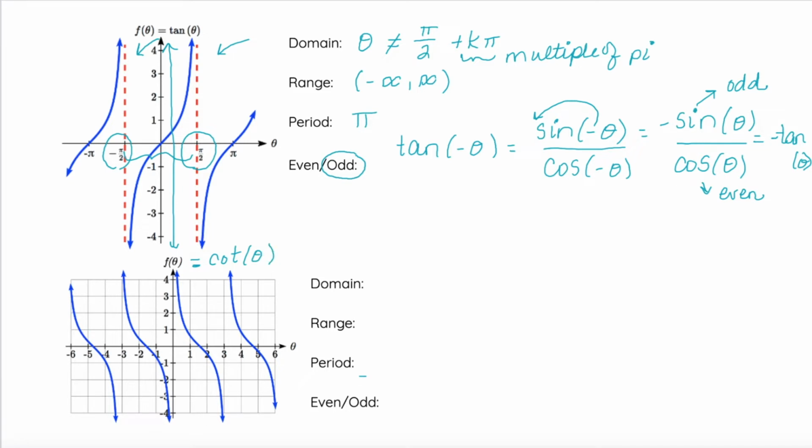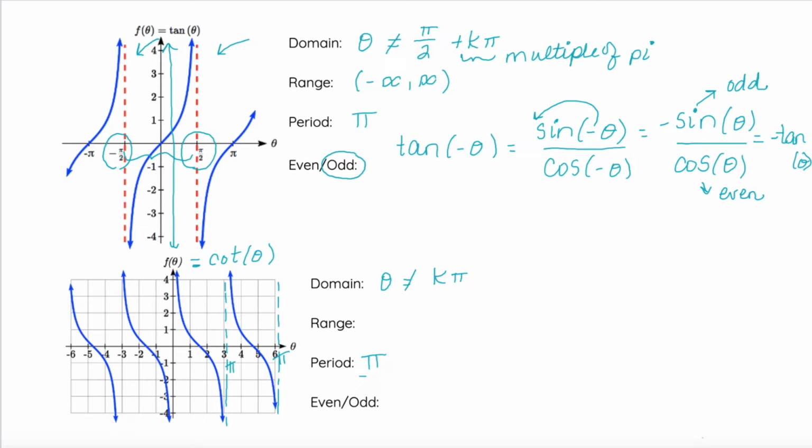Not only is it reversed and flipped, but every pi is where we have a vertical asymptote: 3.14159, 6.28, etc. Every pi it repeats itself, so the period is pi as well. So every pi is where the domain has a vertical asymptote, and its period is also pi.